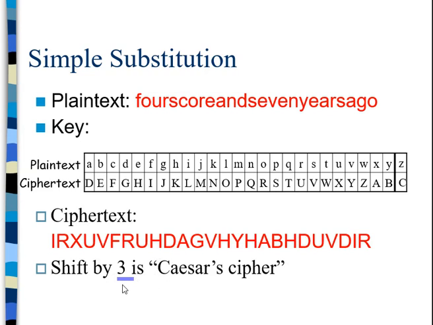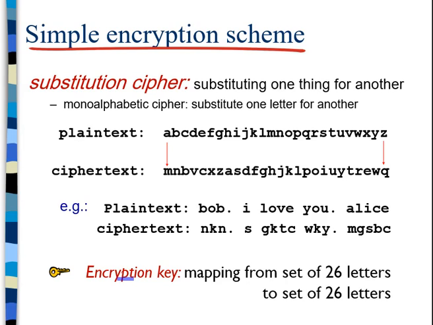It could be used with any shift from 1 to 26, the total number of English letters. And as you can see here, the encryption key is a mapping from a set of 26 letters to another set of 26 letters.